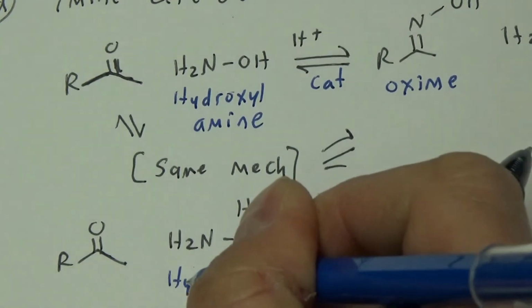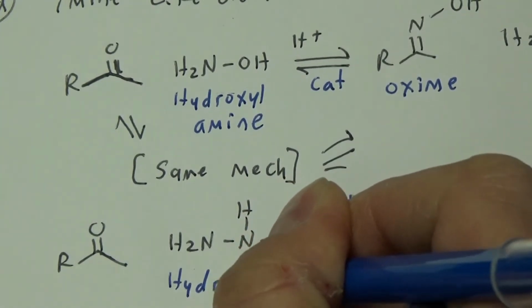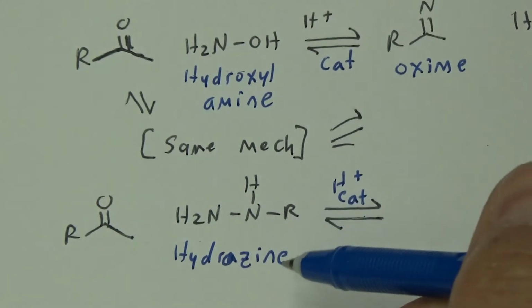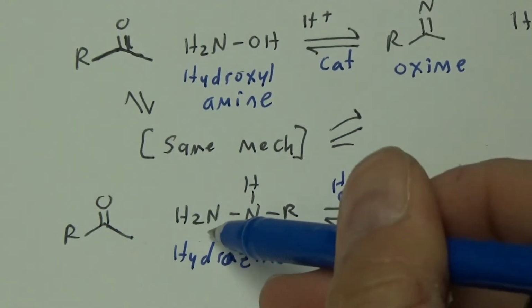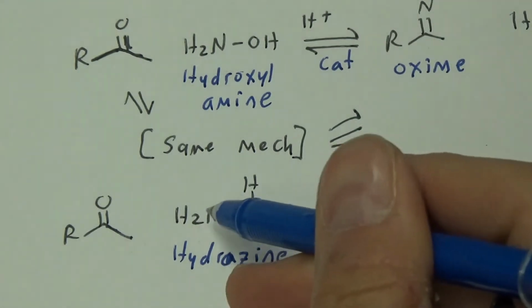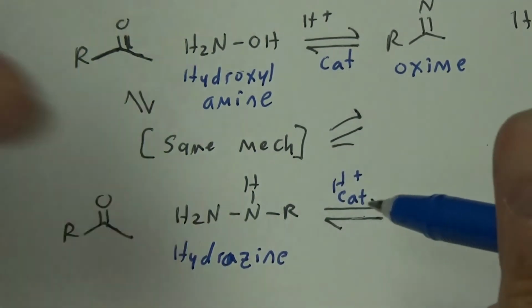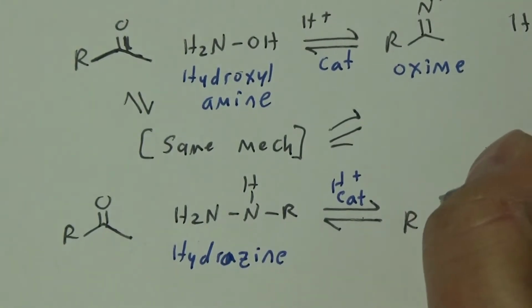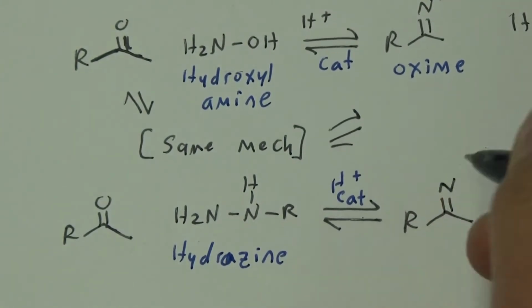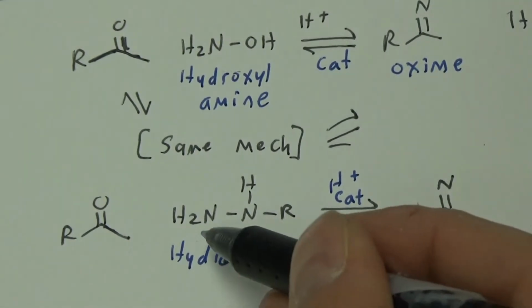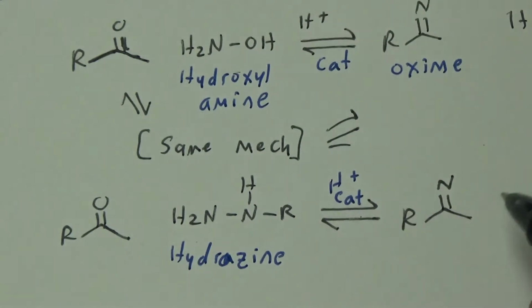Hydrazine, H-Y-D-R-A-zine. This is a hydrazine with an R group, so you might say substituted hydrazine, but generally speaking, it's some kind of nitrogen thing. All right, so what's the product? Make a guess. It's probably that, so the terminal nitrogen attacks and you do your normal amine stuff.